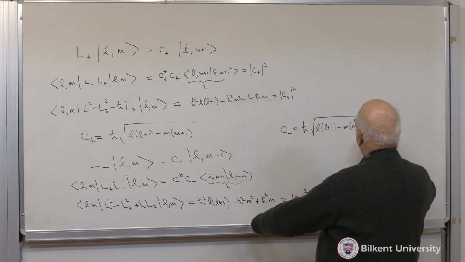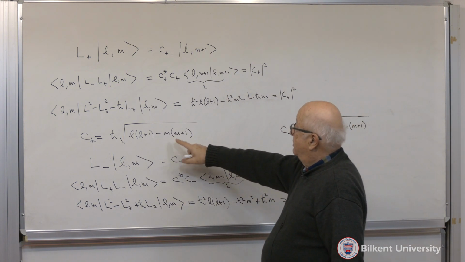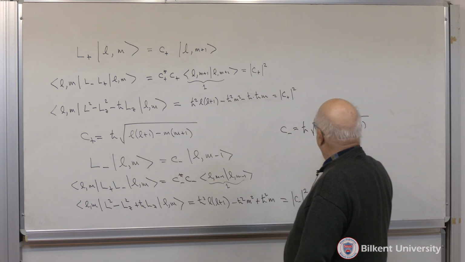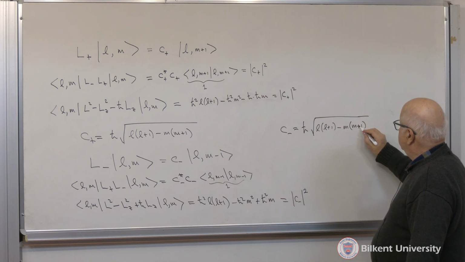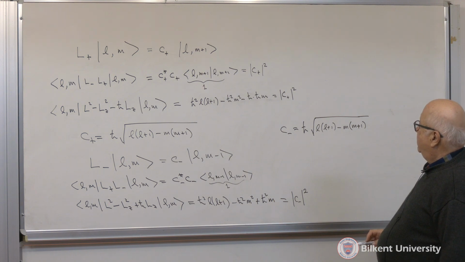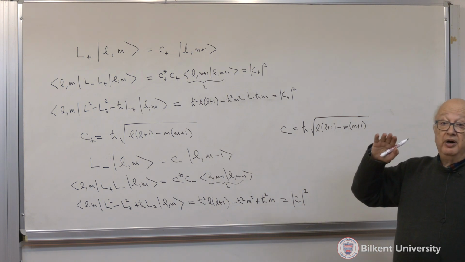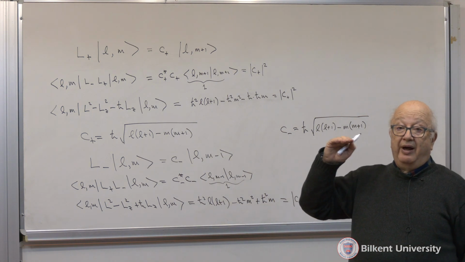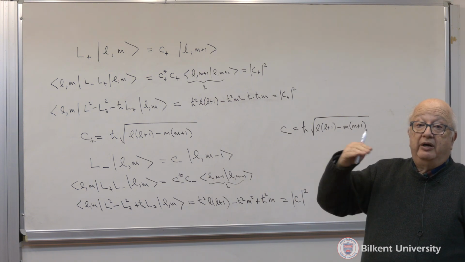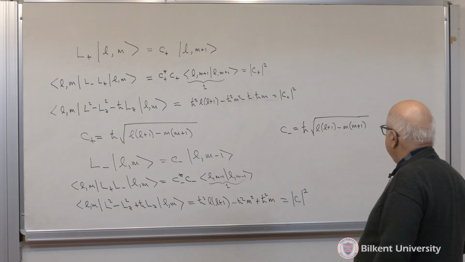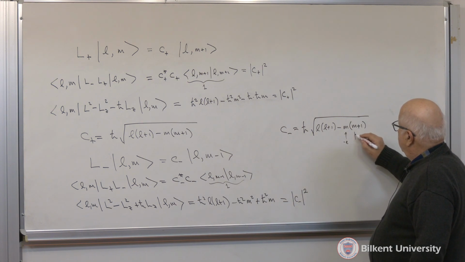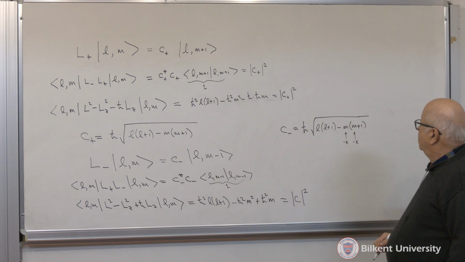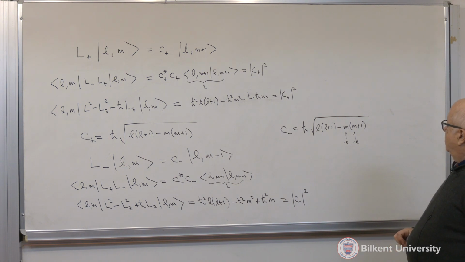The only difference between this and that is a sign change over here. So you can again check very easily that if you are in state m equal to minus l, you cannot go any lower. If I put in here minus l and minus l, what do I get?